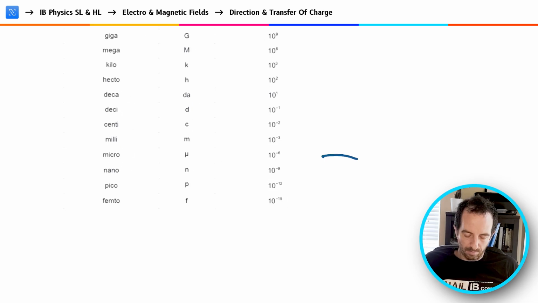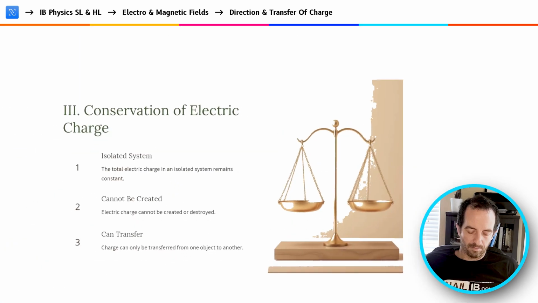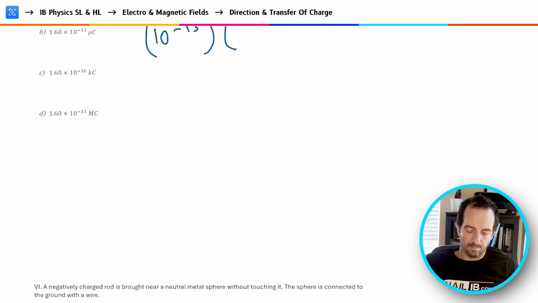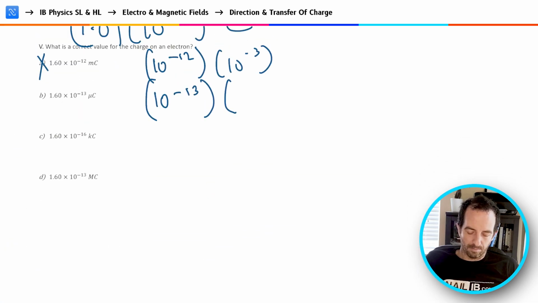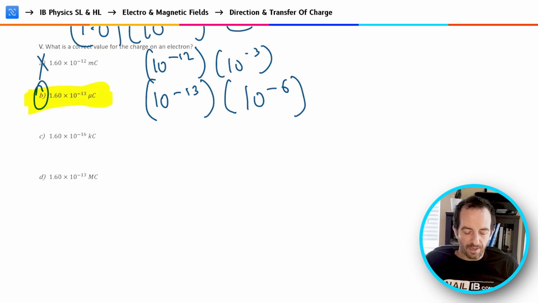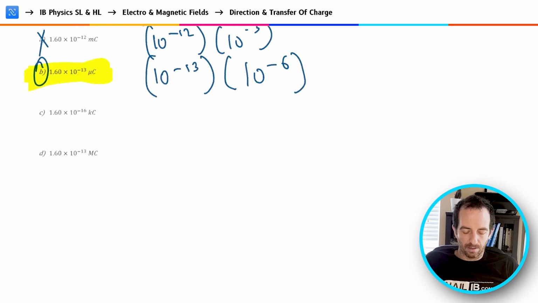Micro is 10 to the negative 6. 10 to the negative 13 times 10 to the negative 6 gives us the 10 to the negative 19 that we need. That becomes our right answer. None of the other two work.